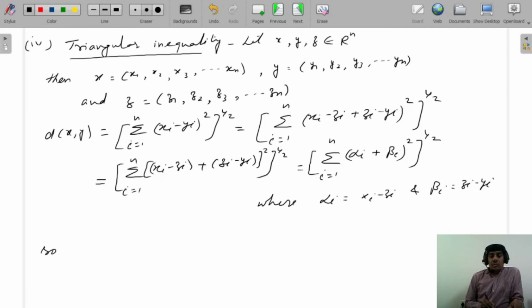So dxy is equal to the summation of (alpha i plus beta i) squared, raised to power 1 by 2.